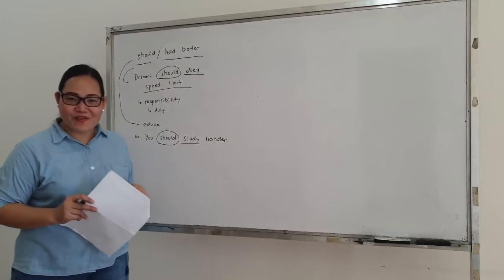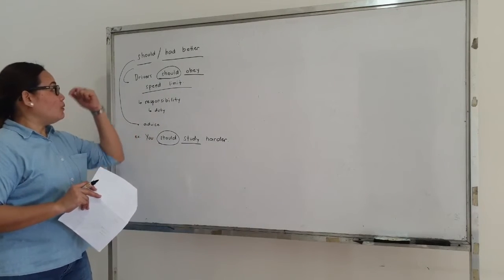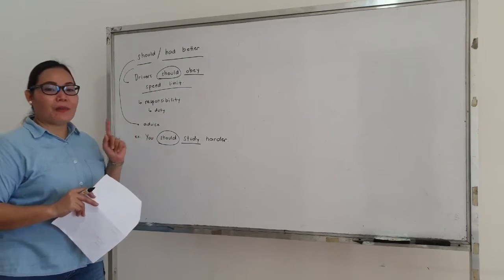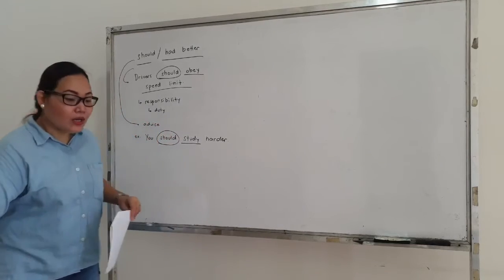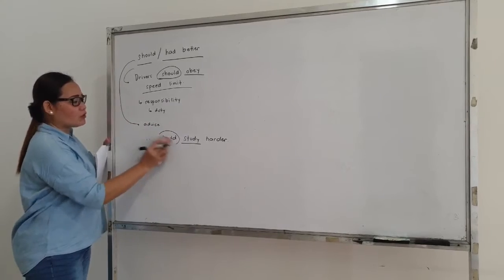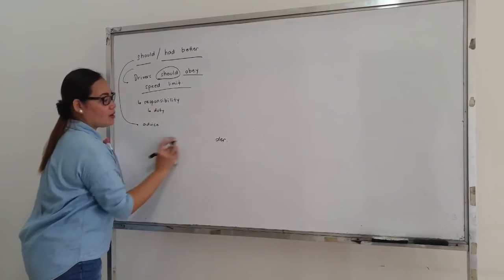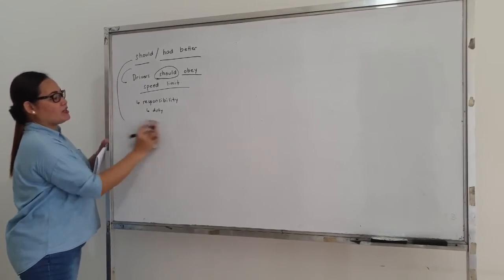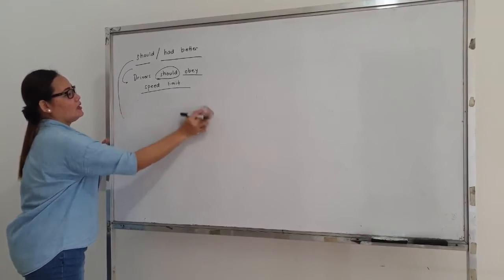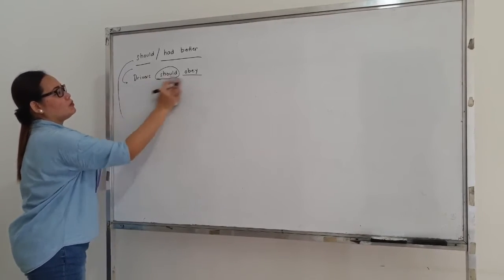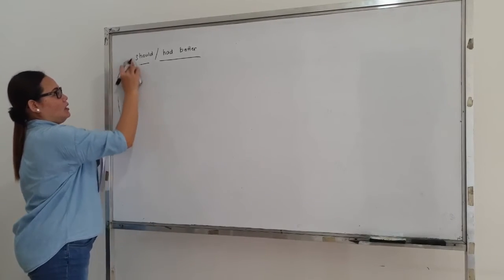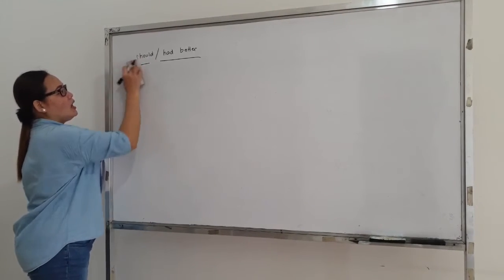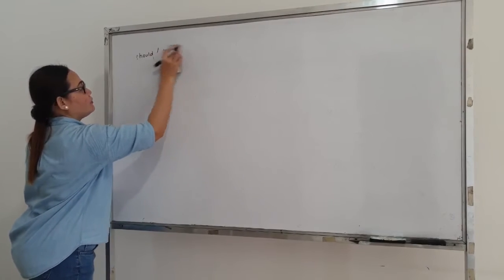Oh, before I forget, we also have the pattern should have plus PP. I guess you have already heard it in some instances, like some people saying, I should have studied, I should have done this, I should have done that.